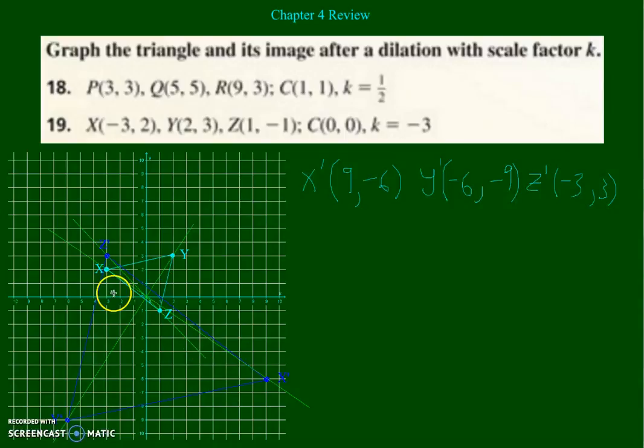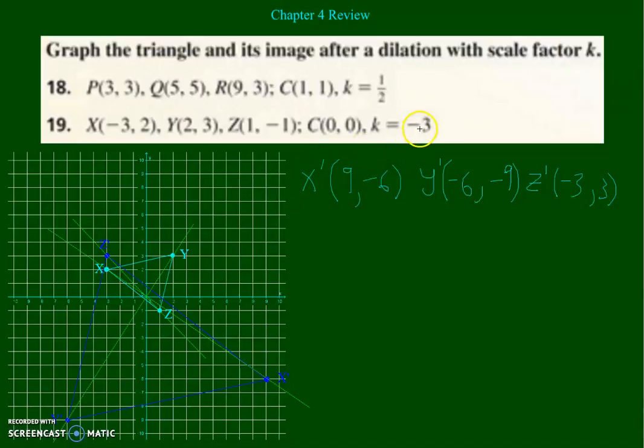Now you'll notice that if we draw lines through the points from X through the center of dilation through X prime, from Y through the center of dilation through Y prime, and Z to Z prime, they all move along the same lines, but in opposite directions. Notice that if we had had this scale factor a positive number, they would have moved away from the center of dilation.